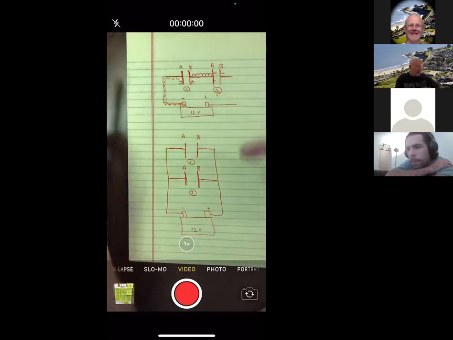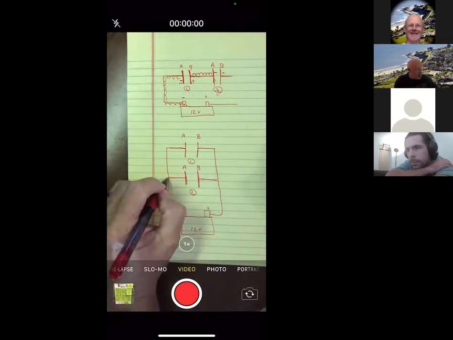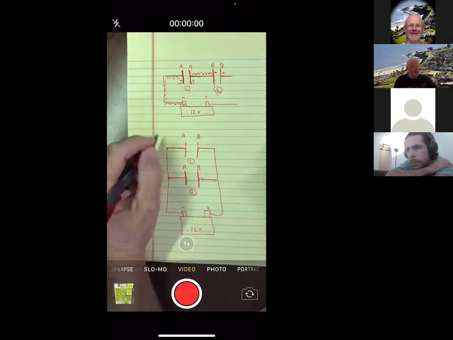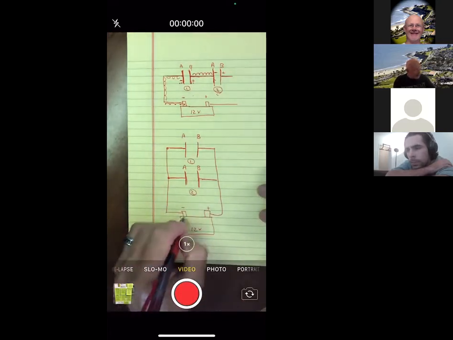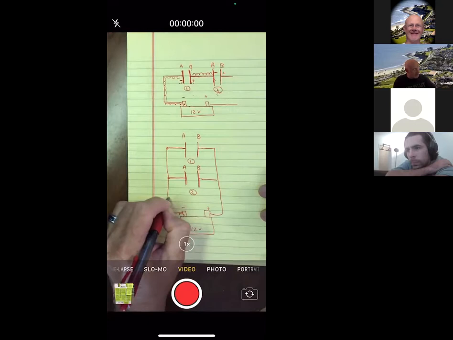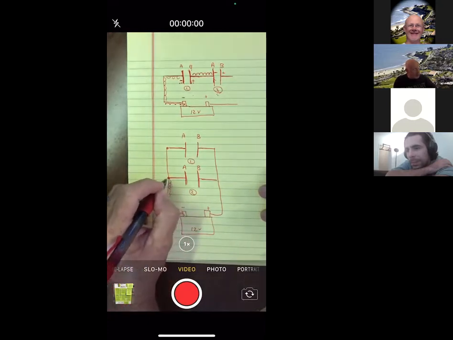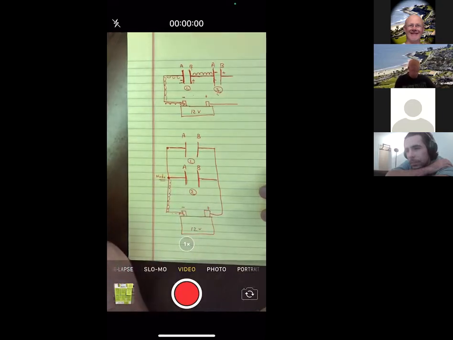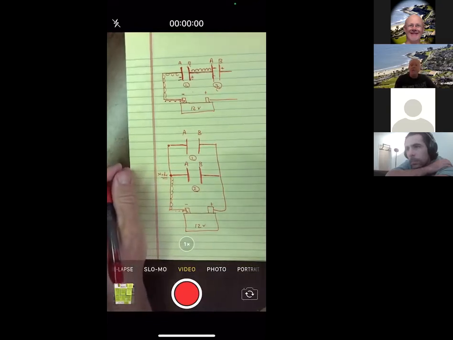Okay. Now, parallel, and the reason it's called parallel, kind of like parallel lanes on a freeway. If an electron comes out of this battery and bumps and bumps and bumps, right here at this node, a fancy electronic word for a junction.